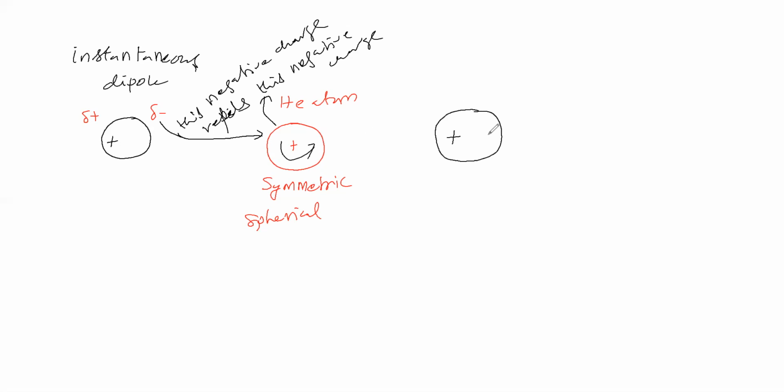So this side probability of electron cloud becomes high, whereas this side probability of electron cloud becomes low.